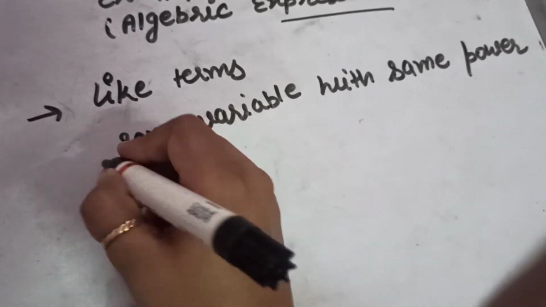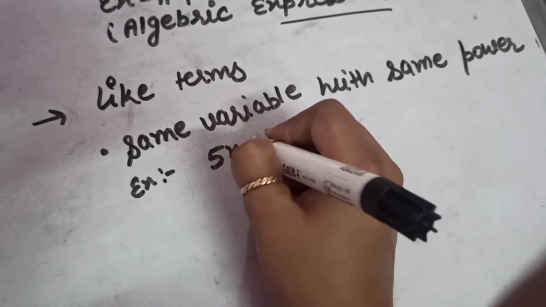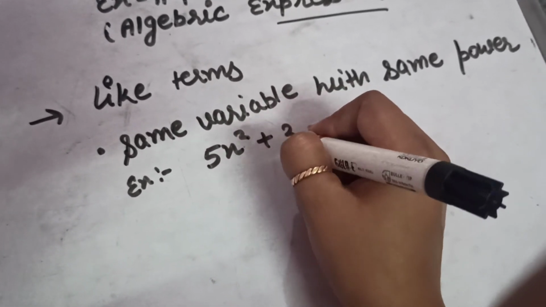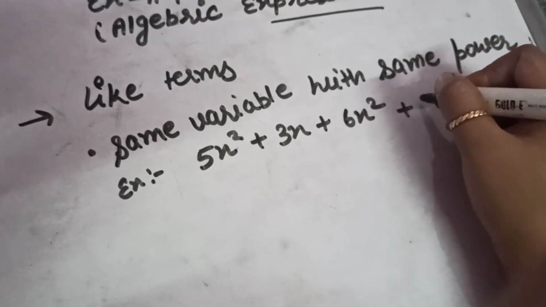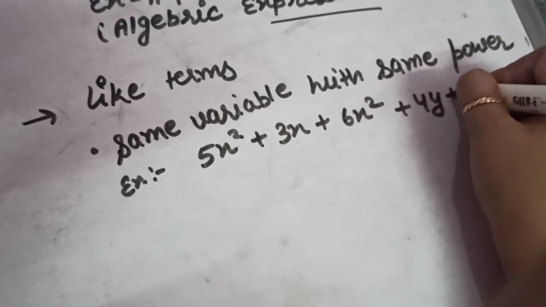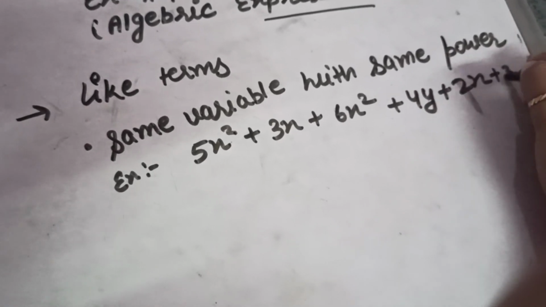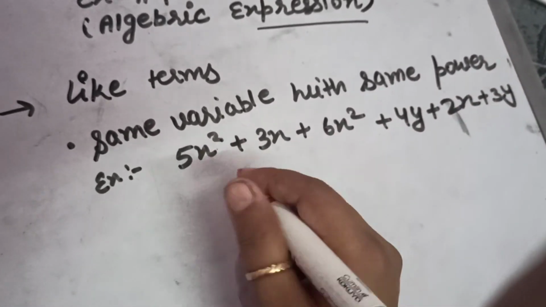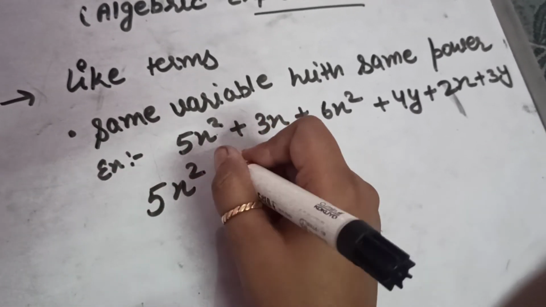For example, 5x square plus 3x plus 6x square plus 4y plus 2x plus 3y. So in this expression, the like terms are 5x square and 6x square.